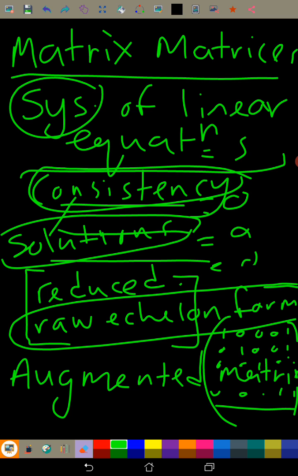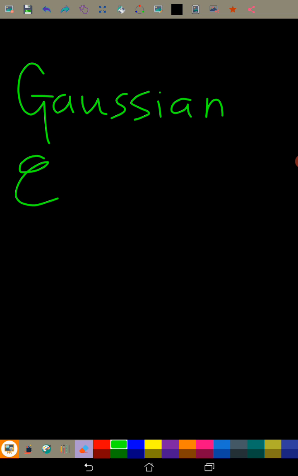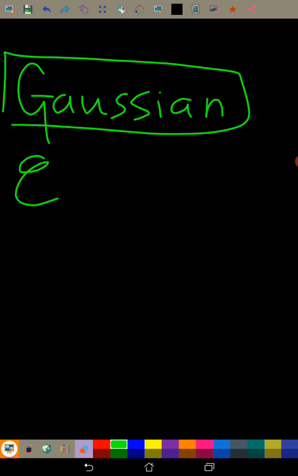We know that there is a leading one. These are leading ones here, here, here. And so we know what a leading variable is and what a free variable is. We also know about Gaussian elimination. Gaussian was, I think, either an Australian or a German.